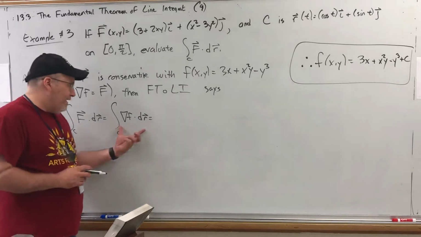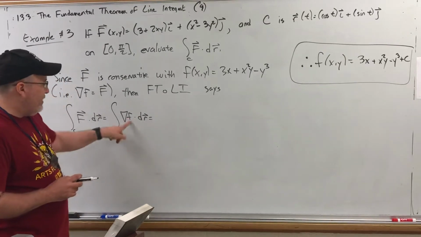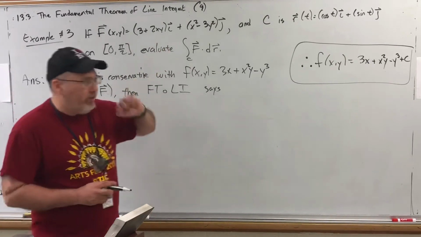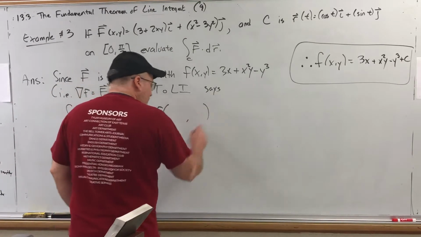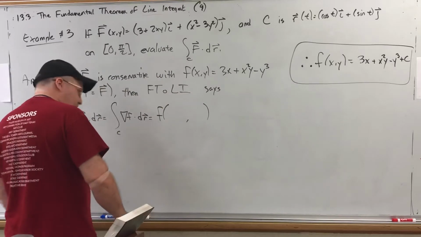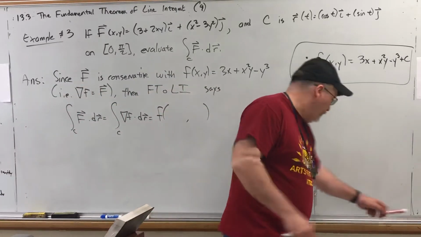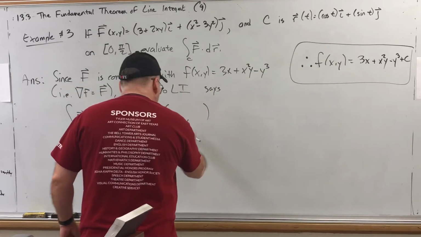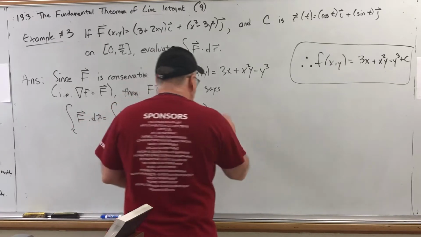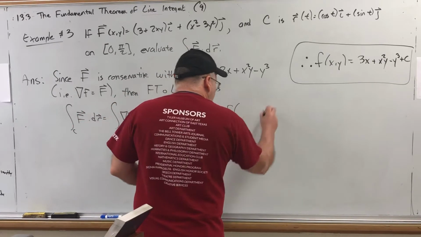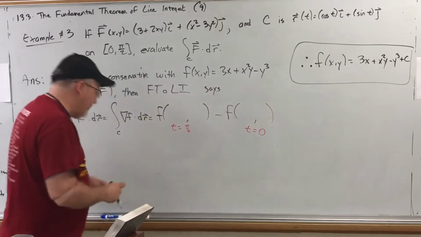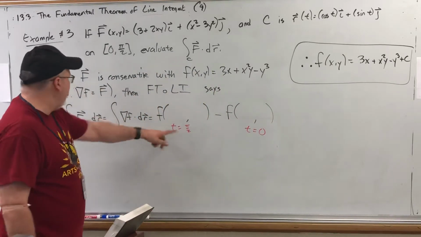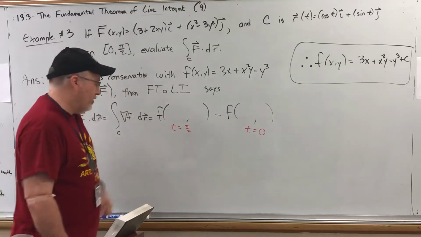It says we can evaluate this by just evaluating f at the endpoints. So we're going to evaluate f at the point where t is equal to pi over 2 minus f evaluated at the point where t is equal to 0.